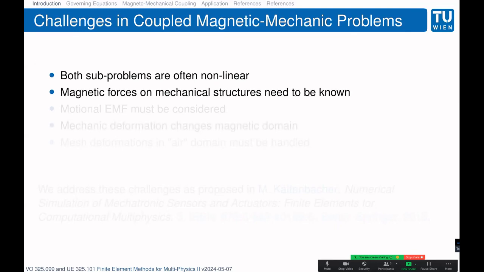The magnetic forces on the mechanical structures need to be known, so we have to compute them, and we will see how this works. And if the mechanical parts move, the motional electromagnetic forces need to be accounted for in the magnetic simulation. We have disregarded them so far.